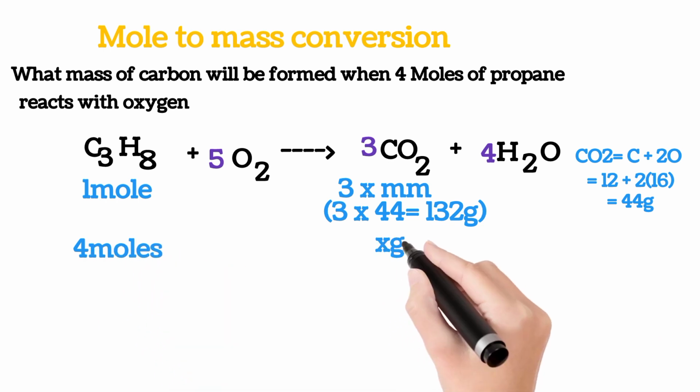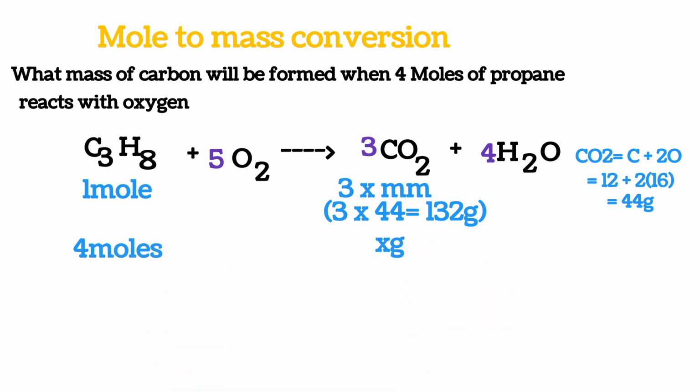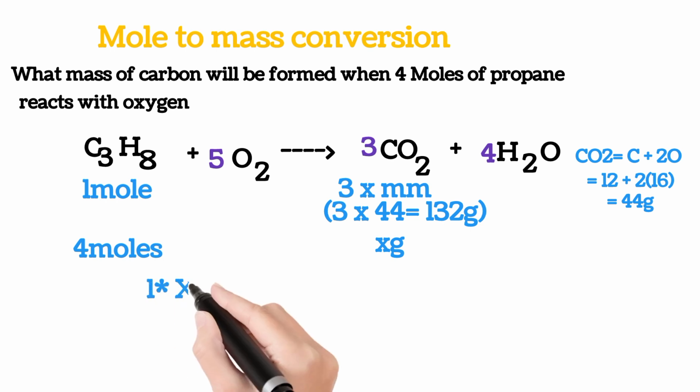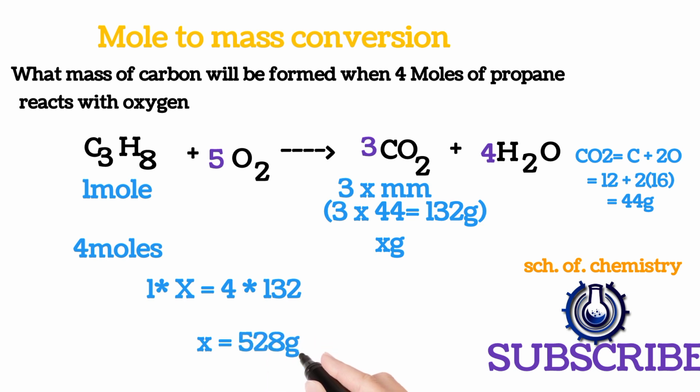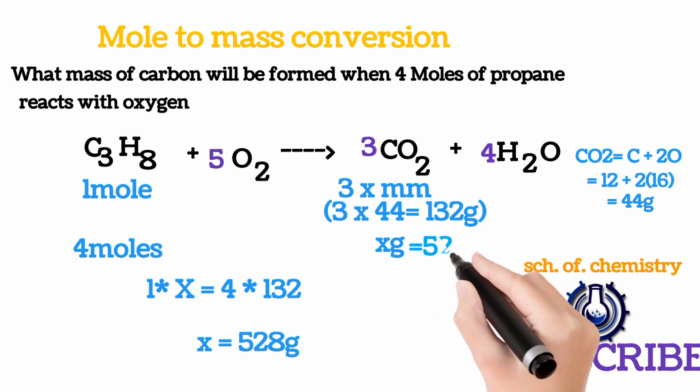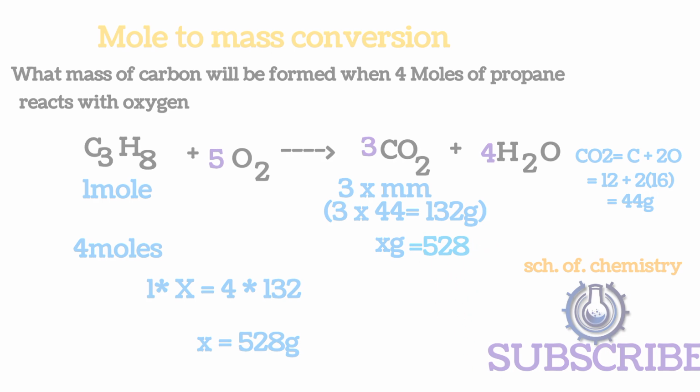So that means that 3 times 44 grams is equal to 132 grams. So it implies that 4 moles of propane will react with X grams. If you cross multiply, you get 1 times X equals 4 times 132, and X will be equal to 528 grams.